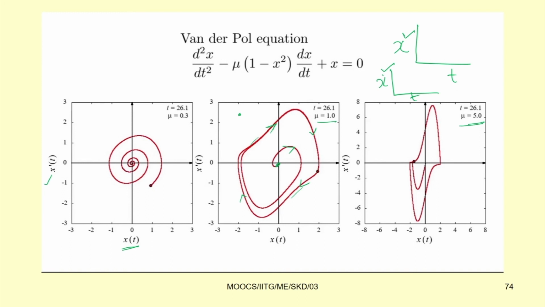So, you can have different limit cycles by changing the value of mu. Later we will study how you can solve this equation and find the response, phase portrait, and time response. Another term I will tell you about later is Poincare sections.